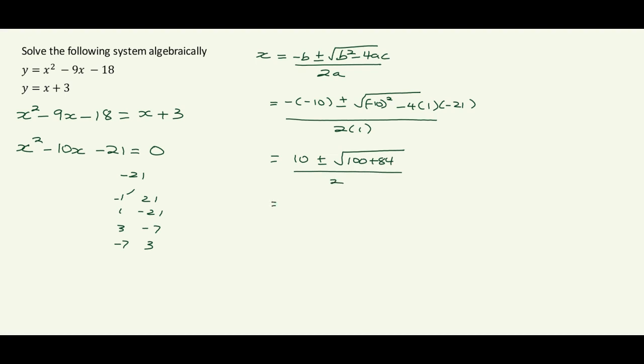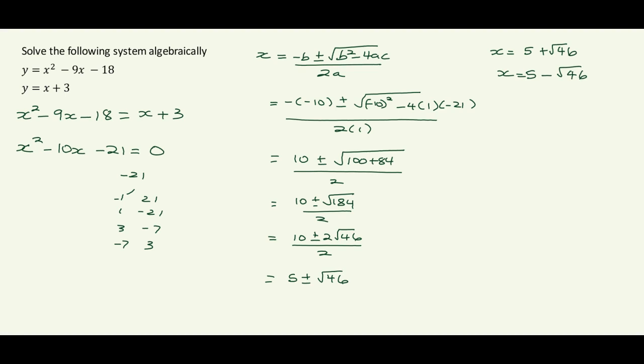We have 10 plus or minus the square root of 184 over 2, which gives us 10 plus or minus 2 square root of 46 over 2, which is 5 plus or minus the square root of 46. So x equal to 5 plus the square root of 46, and also x equal to 5 minus the square root of 46.